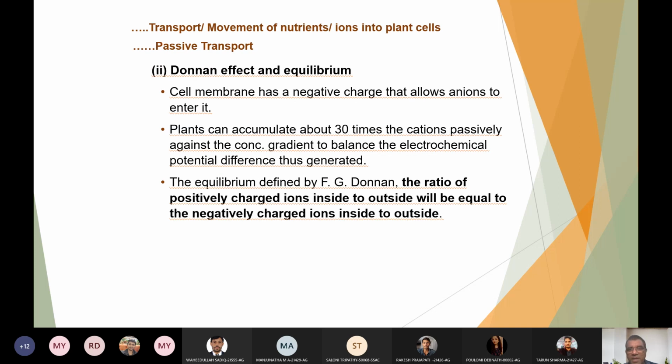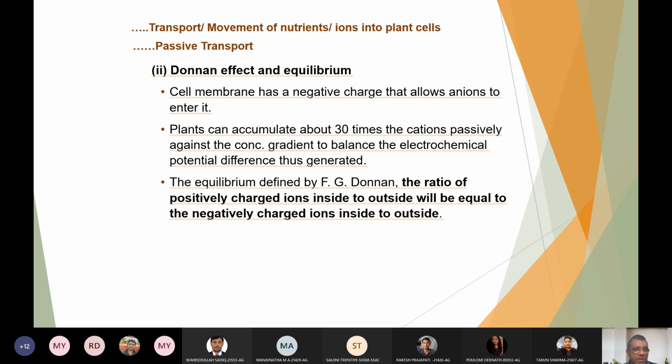Now, Donnan effect and equilibrium. This is another passive mechanism. The cell membrane has a negative charge that allows anions to enter it because of the negative charge on the cell membrane. Plants can accumulate about 30 times the cations passively against the concentration gradient to balance the electrochemical potential difference thus generated.